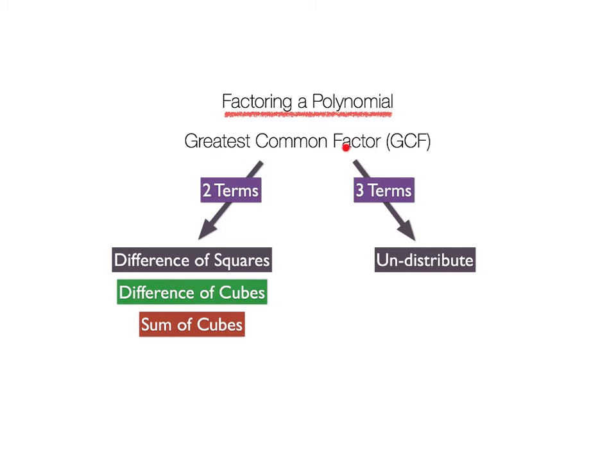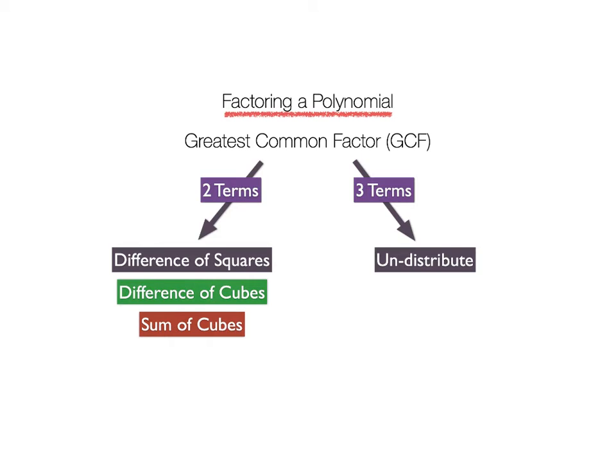But the first thing you do after it's in standard form is you always look for this greatest common factor, something that you can unmultiply, undistribute, and take out of every single term that's inside the polynomial. And then once you've done the GCF, you'd have to make a decision. If it's only got 2 terms left over, we've got special factorizations that we'll memorize. But if it's got 3 terms left over, like today's, we're going to undistribute that. And I'll show you a process for doing that that's relatively easy.